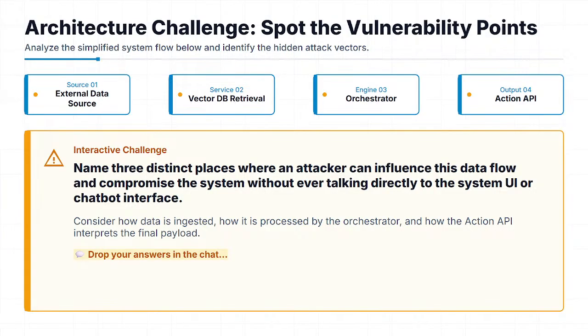Do we have any more responses? Looking at it from the system architecture, does the orchestrator play any part in this or not?